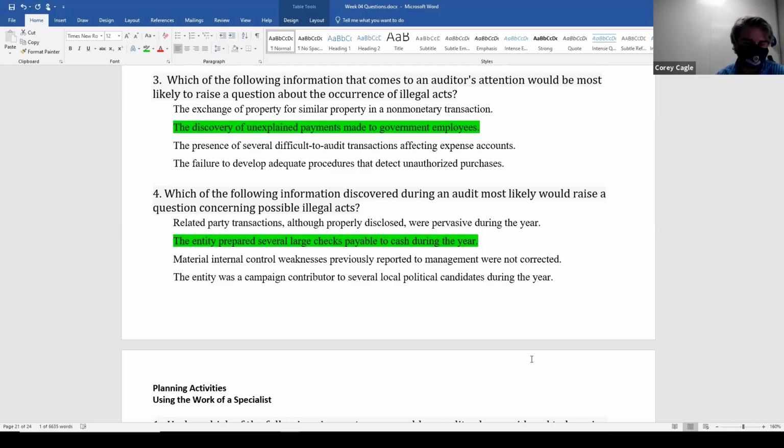But C kind of makes you think too. Material internal control weaknesses were previously reported to management, but were not corrected. So that idea shows up a lot. And it's always tempting to answer, but remember that there can be internal control weaknesses that aren't worth fixing, right?